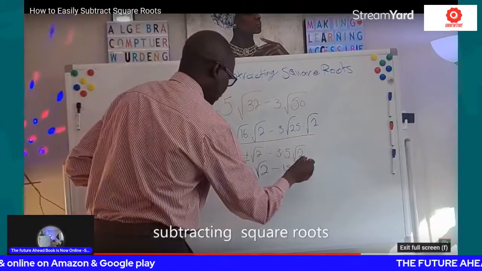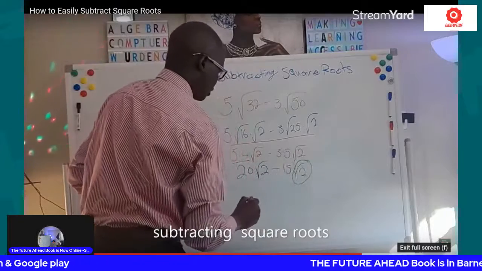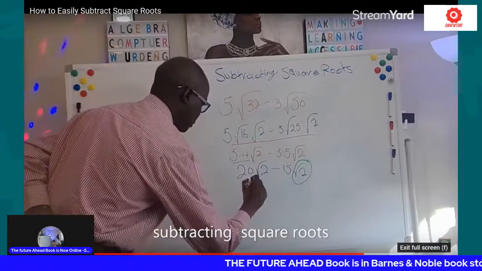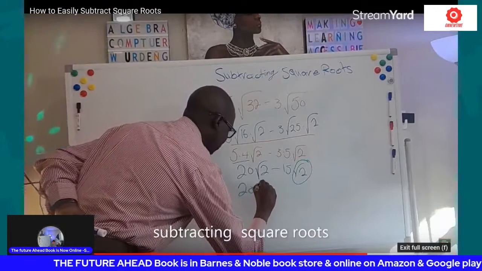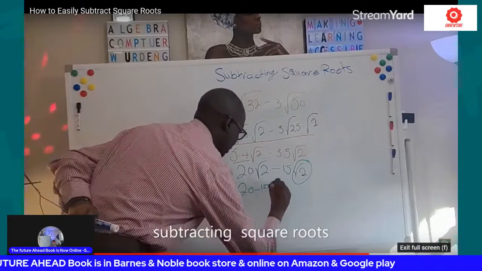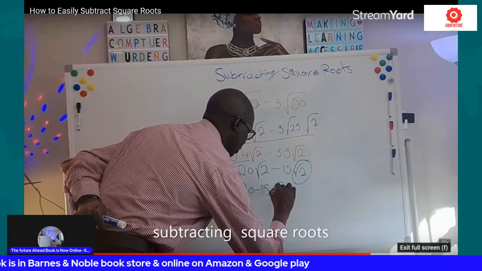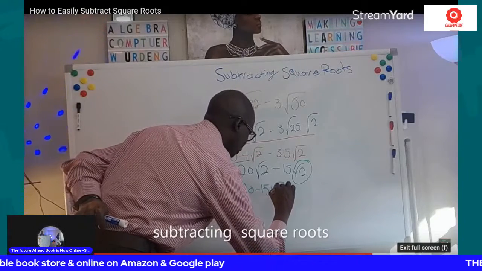Now we can take one of these square roots out, and we say 20 minus 15 times the square root of 2.